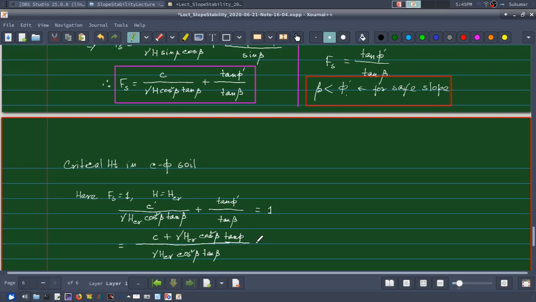This is my equation 1, right? And therefore I'll have this equal to this, right?